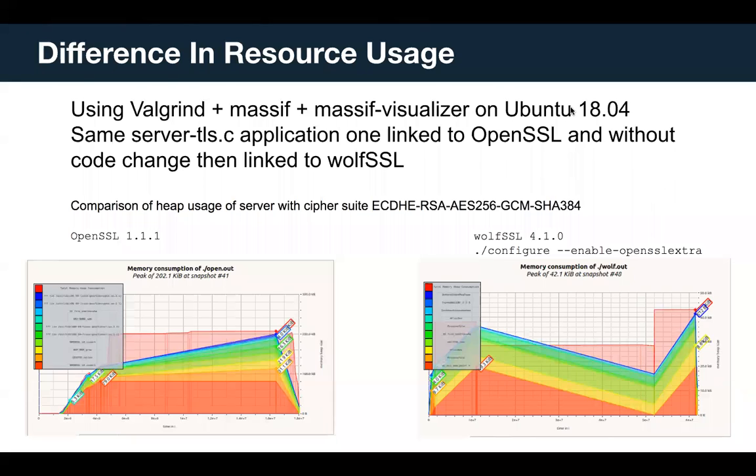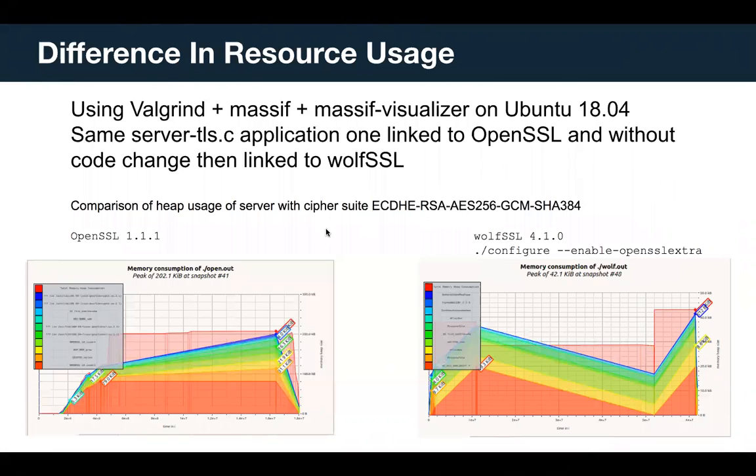Then to make the pretty graphs of the outputs, I used a Massif visualizer. In both cases, the cipher suite used was ECDHE, RSA, AES-256, GCM with SHA-384. This is pretty much the standard default cipher suite for both of the default builds. And the same client was used to connect to both servers.